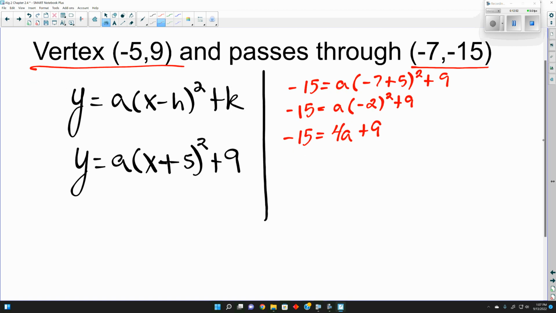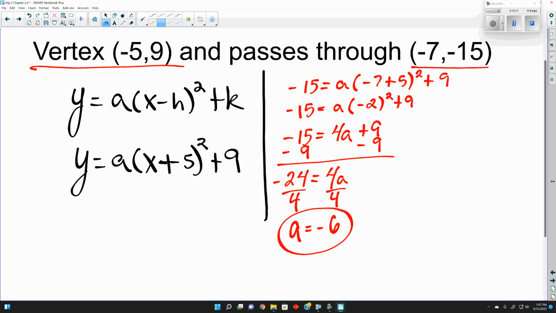Now we would subtract 9, telling us that 4A is equal to -24, divide by 4, telling us A is equal to -6.